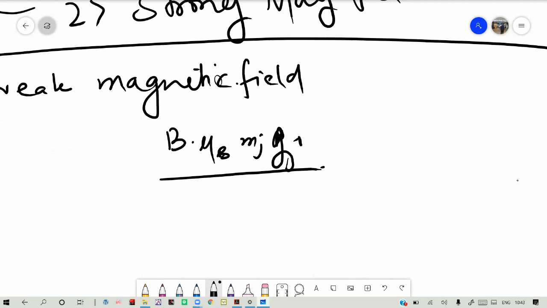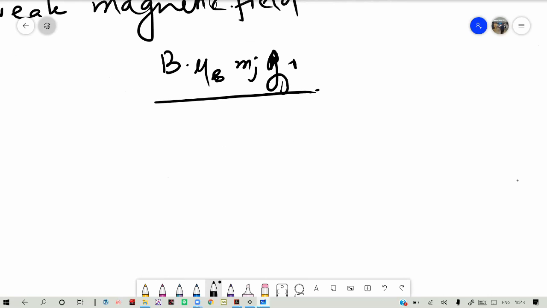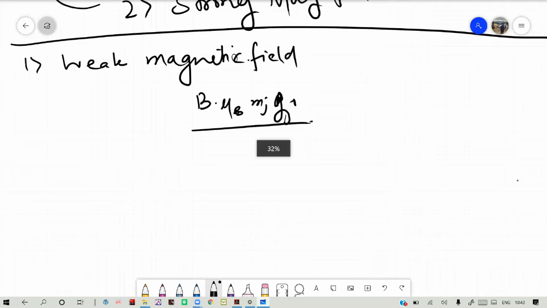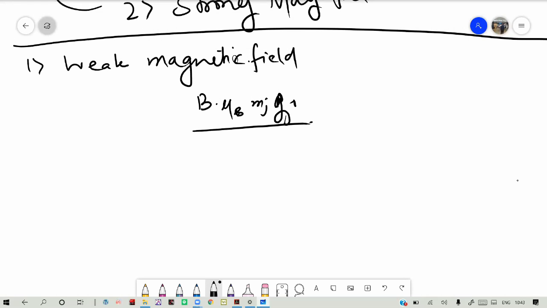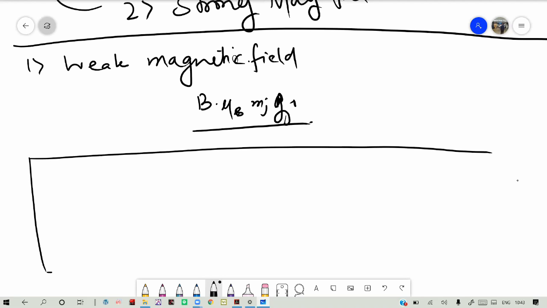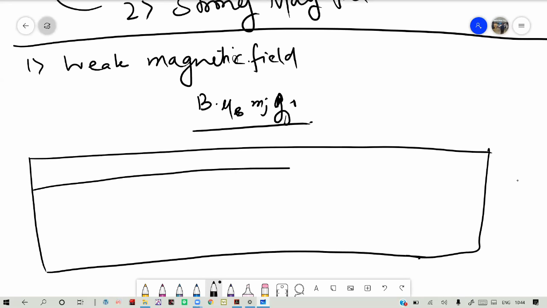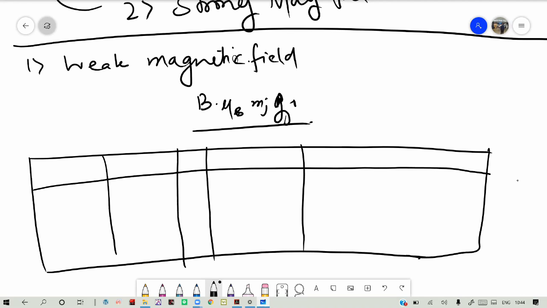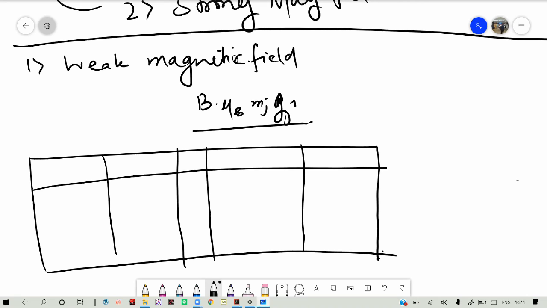So we have the level given, it is actually the fine structure level.